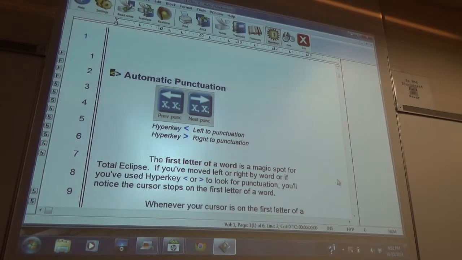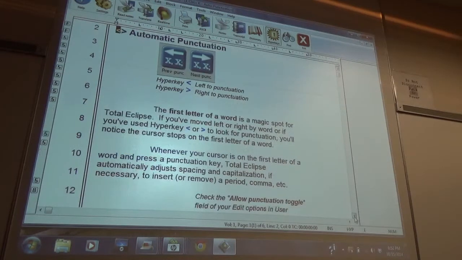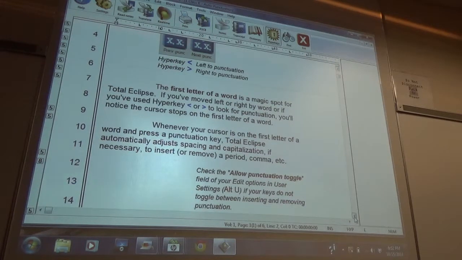Okay, now they're going to talk about auto punctuation. The first letter of a word is a magic spot for Total Eclipse. If you've moved left or right by word, or you've used the hyperkeys, left or right, to look for punctuation, you'll notice the cursor stops on the first letter of a word.